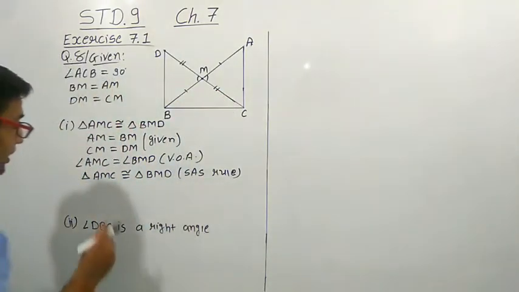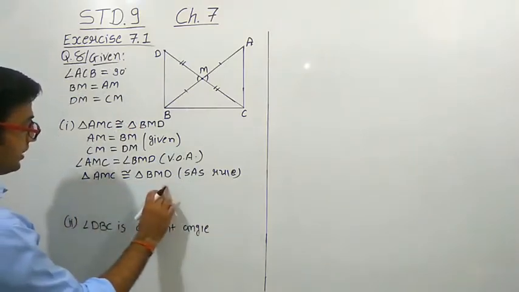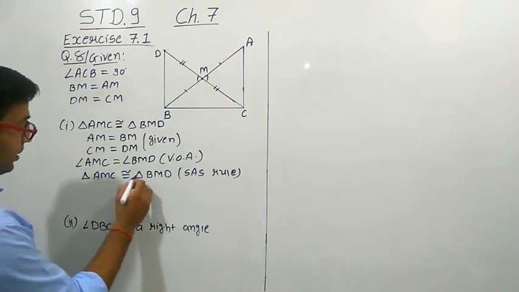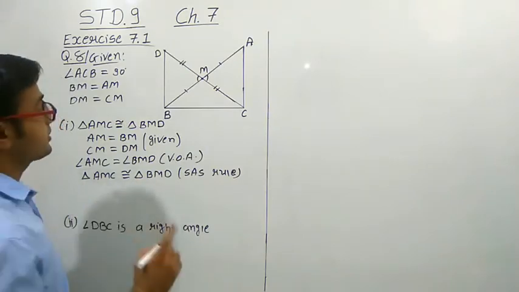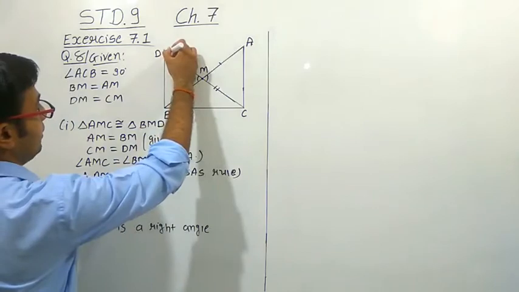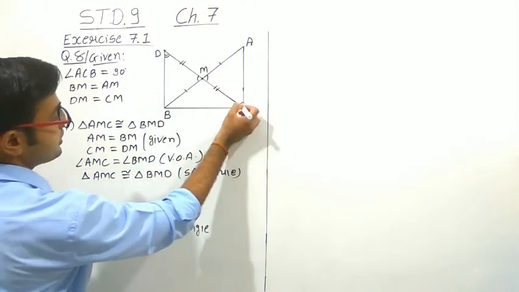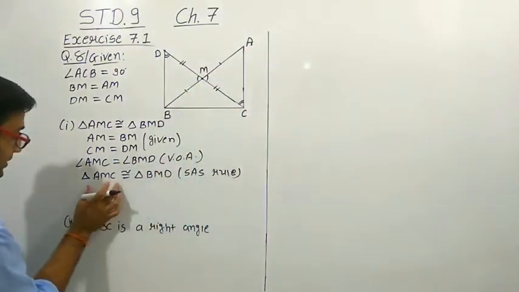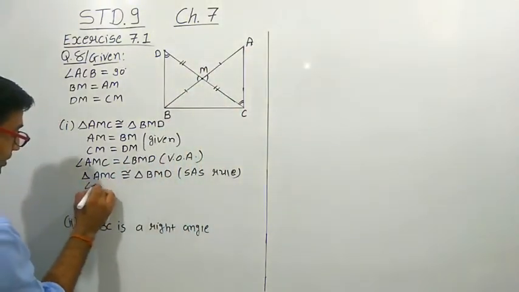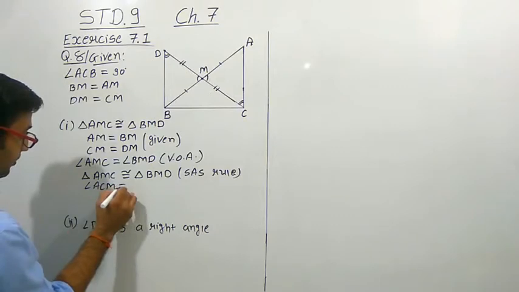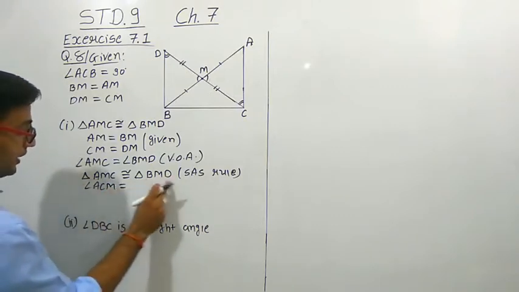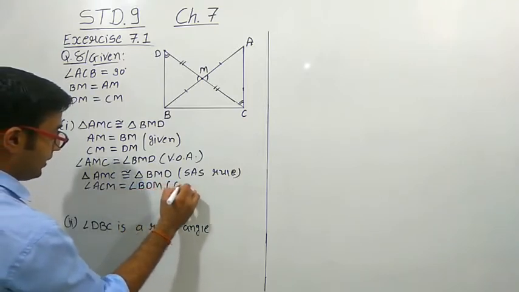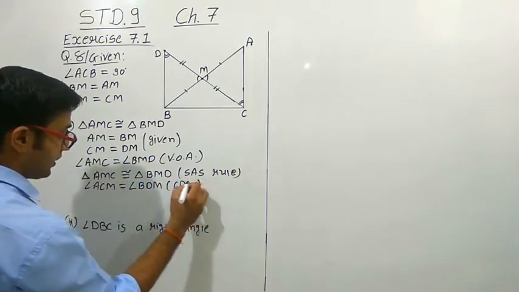See, here we have proved that the two triangles AMC and BMD are congruent. Then their corresponding parts will also be equal. So now consider this angle and this angle. Angle ACM of this triangle will be equal to angle BDM by CPCT, right?